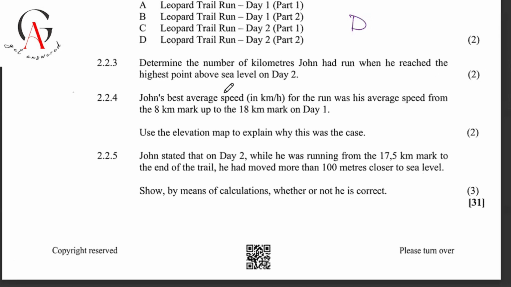John's best average speed in kilometers for the run was his average speed from the 8 kilometer mark up to the 18 kilometer mark on day 1.